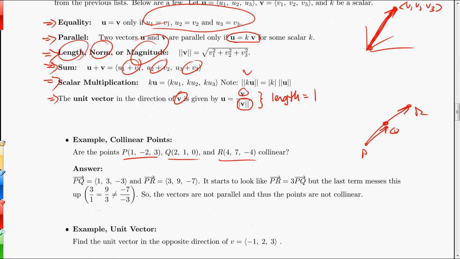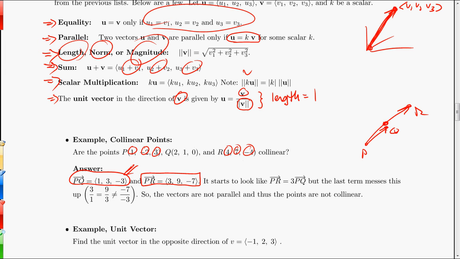Right? So the first thing I do is determine PQ just by taking 2 minus 1, 1 minus negative 2, and 0 minus 3. And then if I want PR, I just take 4 minus 1, 7 minus negative 2, and negative 4 minus 3 to give me PR.